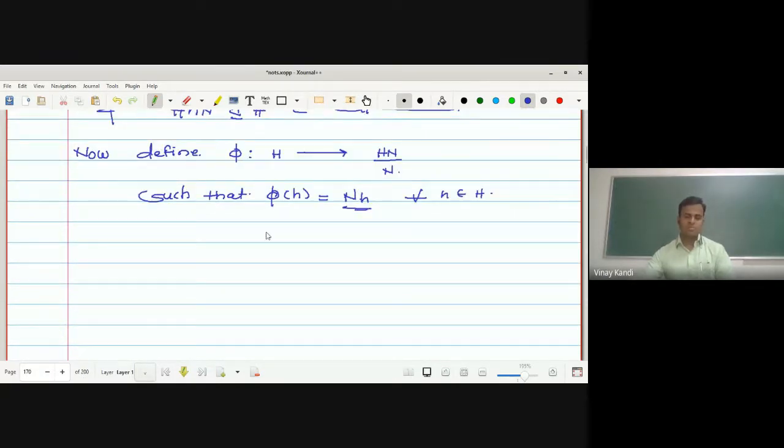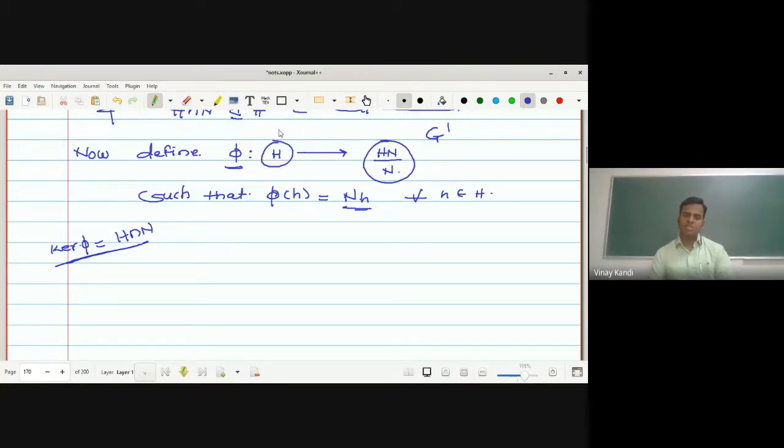First we prove onto, and that the kernel of phi is H intersection N. Then by the first fundamental theorem of isomorphism, H upon kernel of phi is isomorphic to the image.